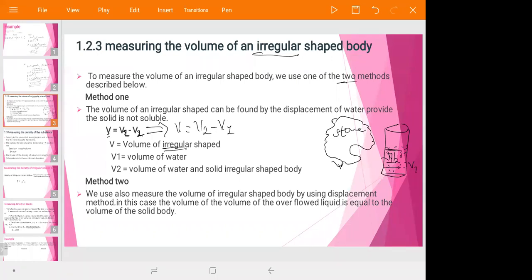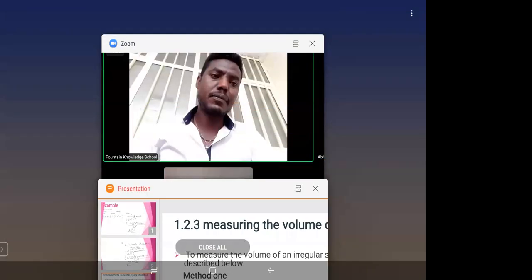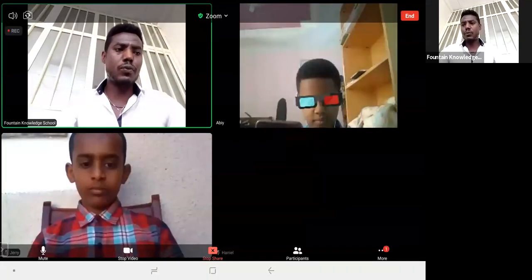The second volume is the volume of water or liquid plus the volume of the irregular shaped body in one container. So volume 1 is the volume of water, or the first volume. Okay, so by using this one, we can find the volume of the body.